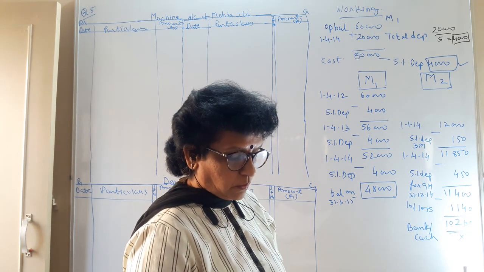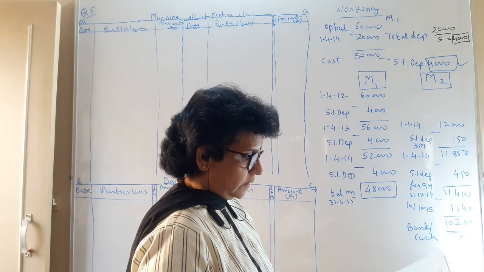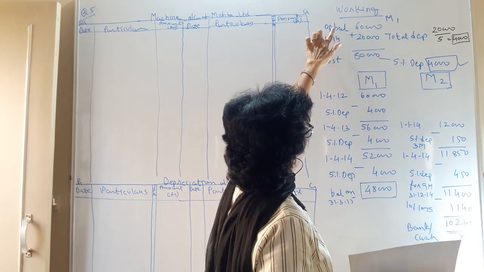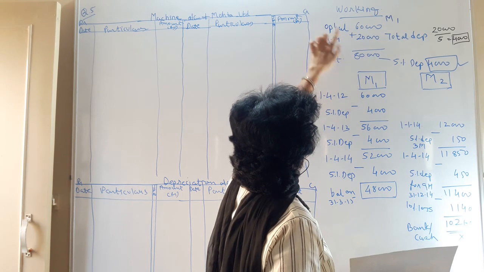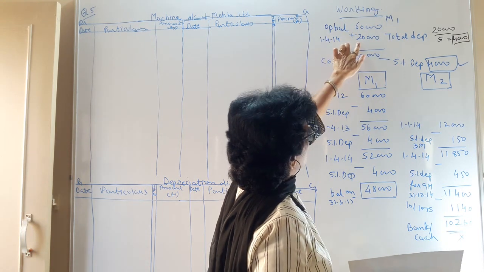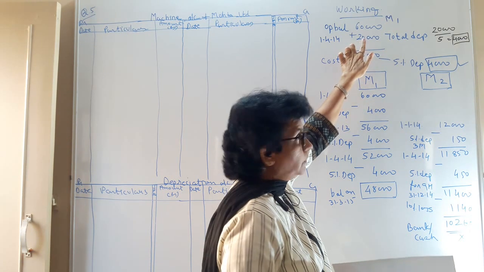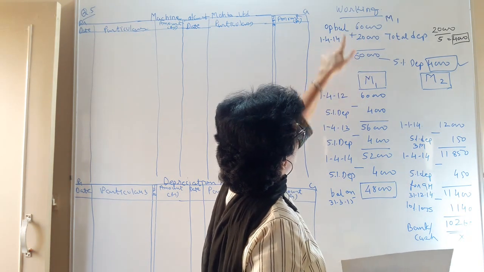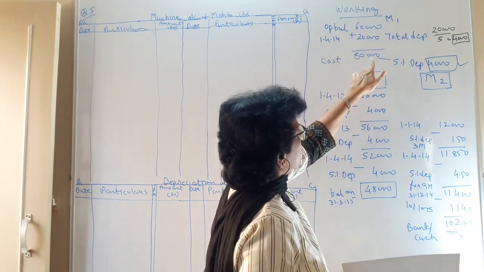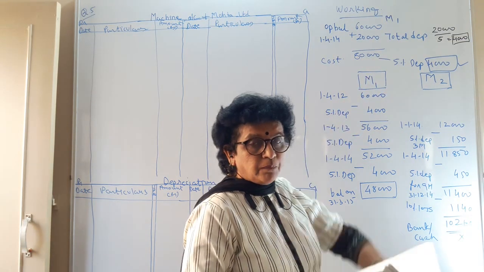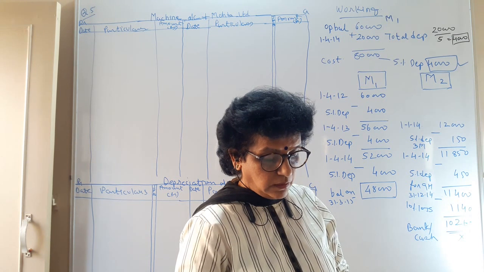Till today, the total depreciation written off on this machine was 20,000. So, 60,000 is the opening balance given today, plus the 20,000 depreciation already calculated and given. So the original cost you consider is 80,000. Okay, so 80,000 becomes the cost.